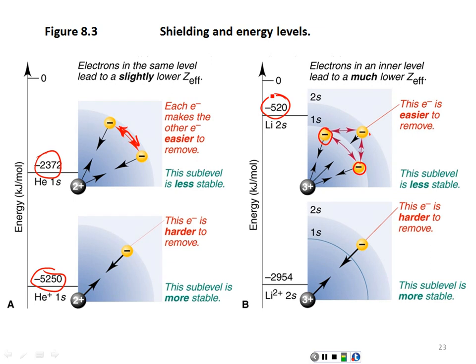And if both of those 1s electrons are removed and now we only have one electron in the 2s orbital, it's much harder to remove because it's feeling a much higher effective nuclear charge, because those 2 inner electrons are not there shielding.